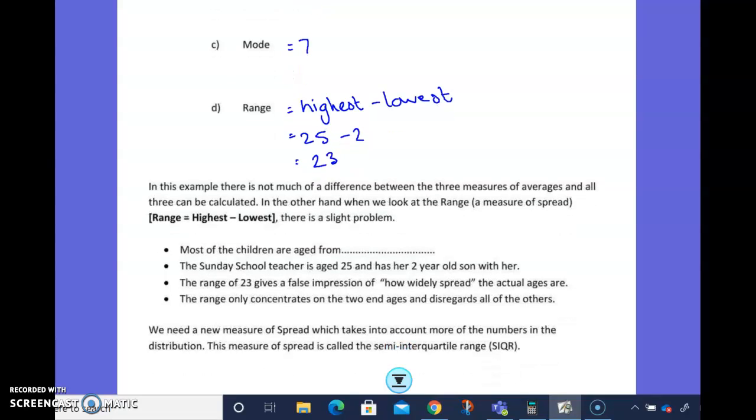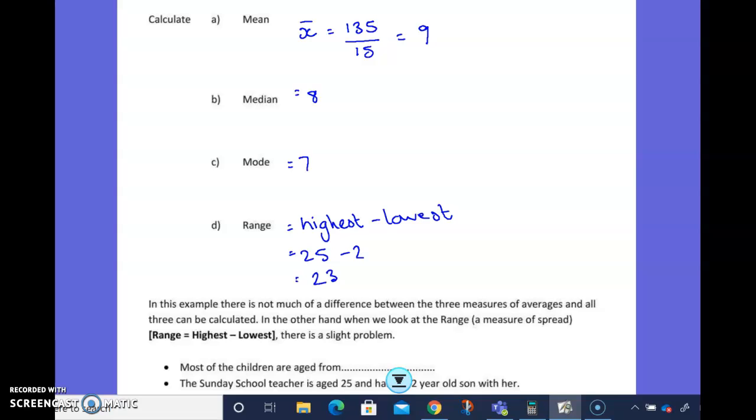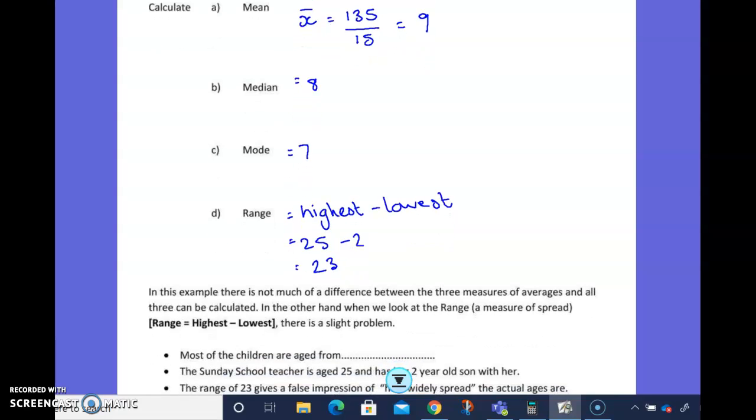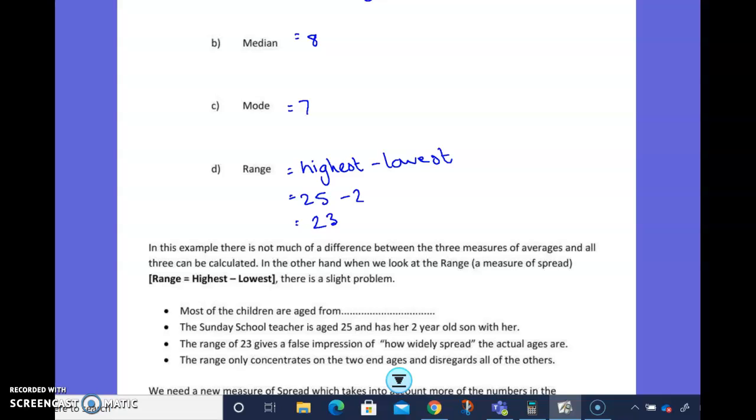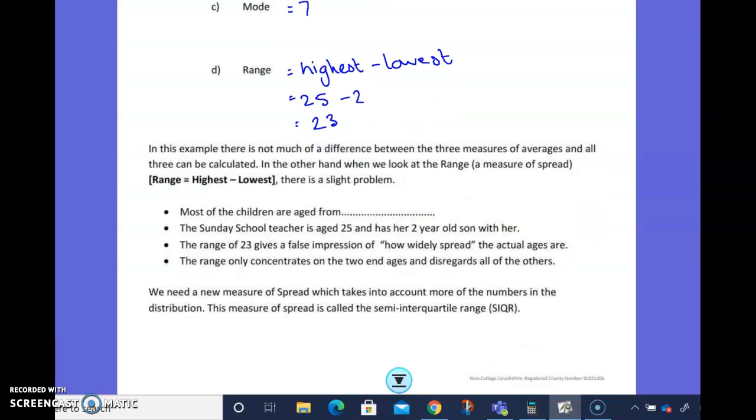Okay, now any of these averages would have worked out perfectly well for this question, but this range that we've used to calculate the measure of spread doesn't really help. Most of the children here were aged from 6 to 13. The Sunday school teacher's age 25 and her 2-year-old son gives this false impression of how spread out these ages were. So we need a different measure of spread.